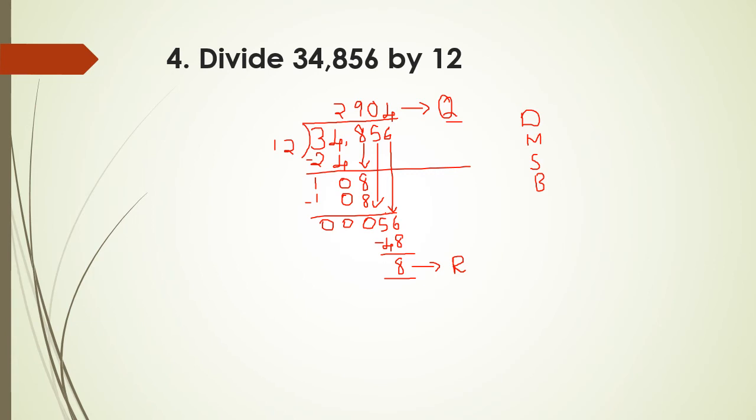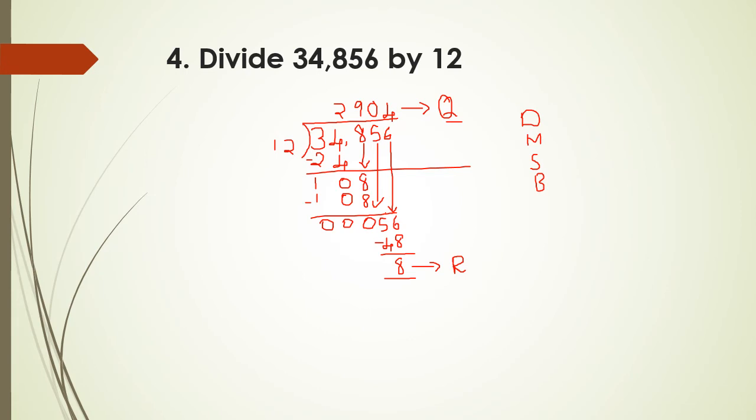Now after that, next step is you have to divide. How will you divide? In the divisor we have 2 digits. The same number of digits you can take in the dividend. So you will get 34. 34 divided by 12. You have to check.